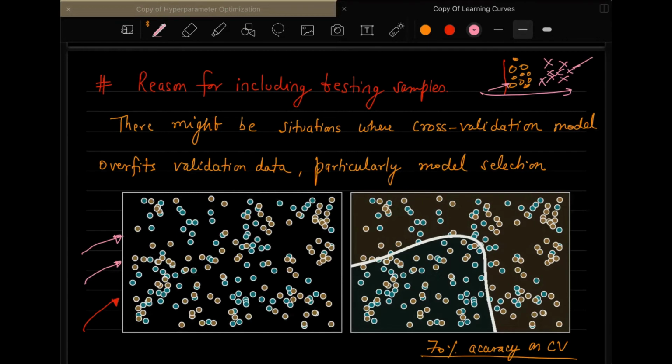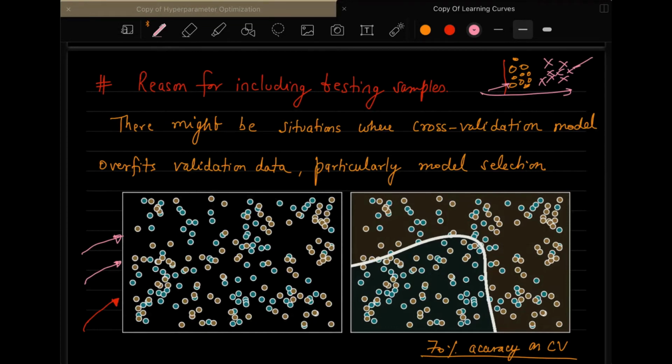Anybody? Okay, as you know the data points are completely random, so it will be a 50-50% chance. Whatever model you try to fit over here should produce 50% as the probabilistic output, because you have two classes and the data points are completely random.